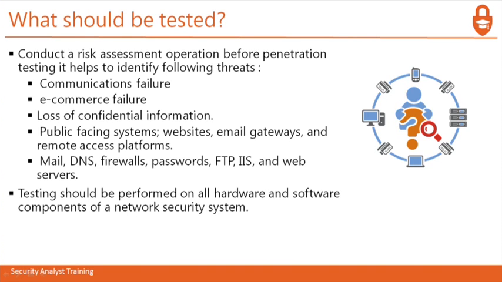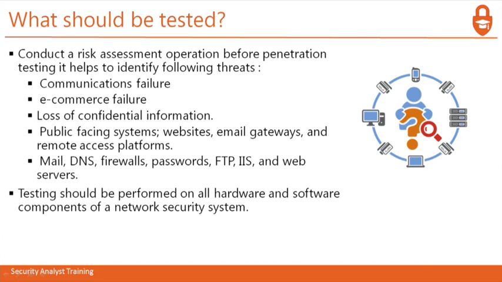So the public-facing systems like your website, email gateways, and remote access platforms, right? That's one thing. And another key is your public-facing sites which face issues and problems because the system got compromised.